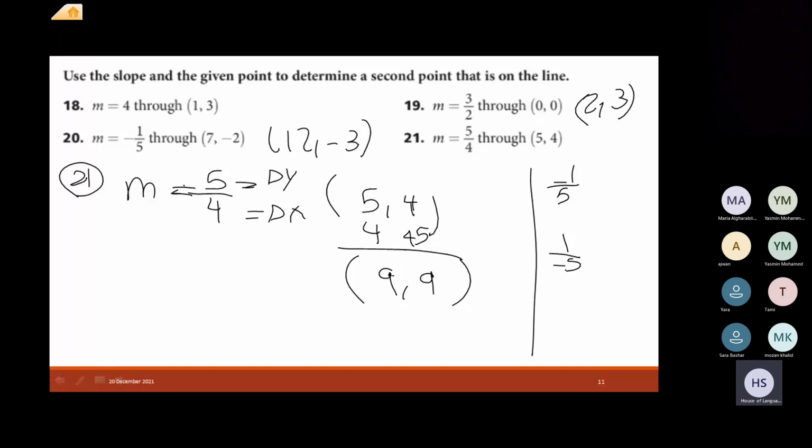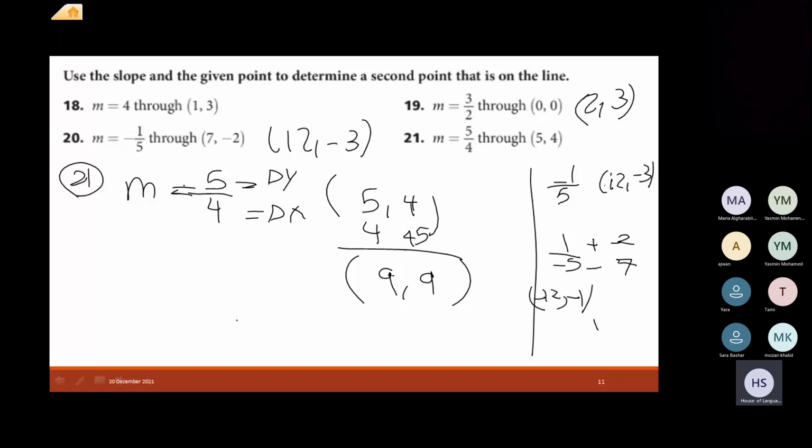If you use negative 1 over 5, you will get a new point, which is 12, negative 3. If you use 1 over negative 5, which is the same as negative 1 over 5, you will add here negative 2, you will add here 7. It comes like negative 1, negative 12, negative 1.